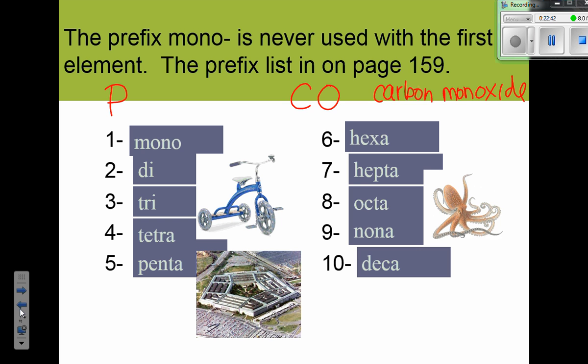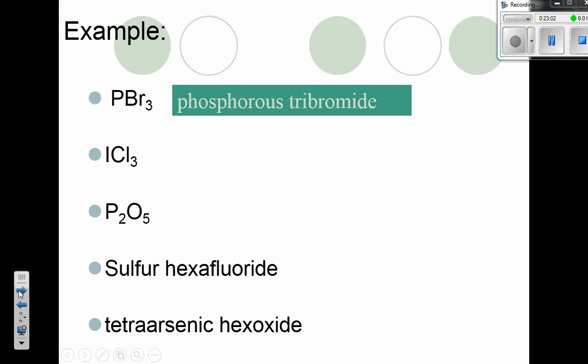The next thing is tribromide. So what does tri tell us? There's three. Bromine is going to be the bromide, and we'll give it a 3. So that's phosphorus tribromide.